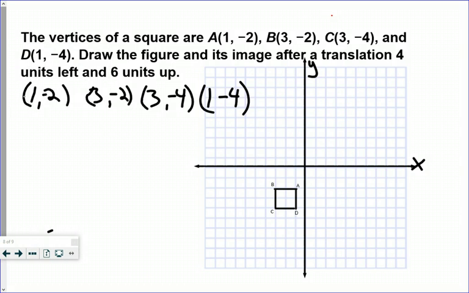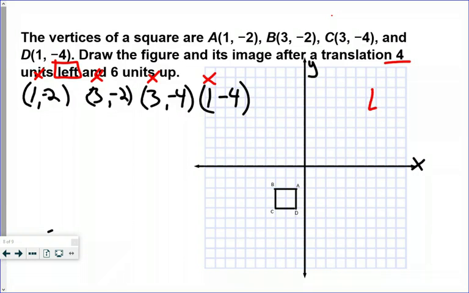Each one of these coordinates, each value that's listed first is your x coordinate. So you have your x value, okay? So with the x value, that's going to show us what we need to move either right or left. In this case, if we go back to the wording here, it wants us to move it left 4 units, okay?